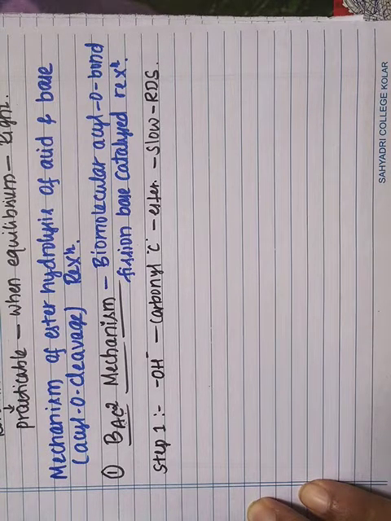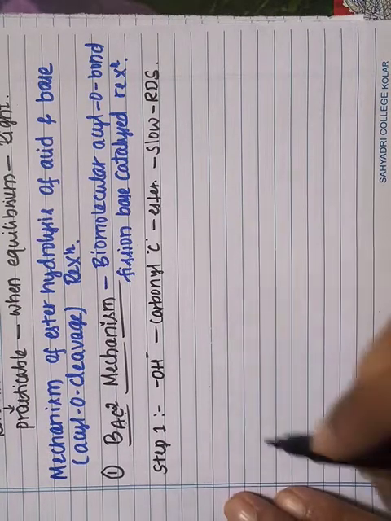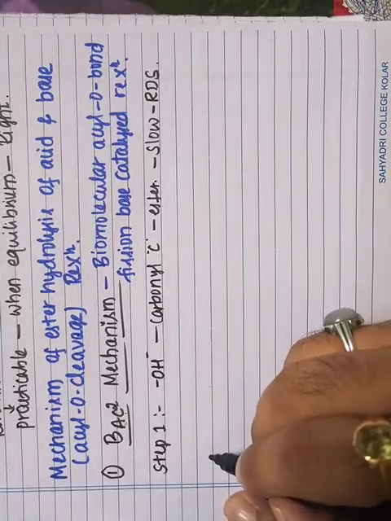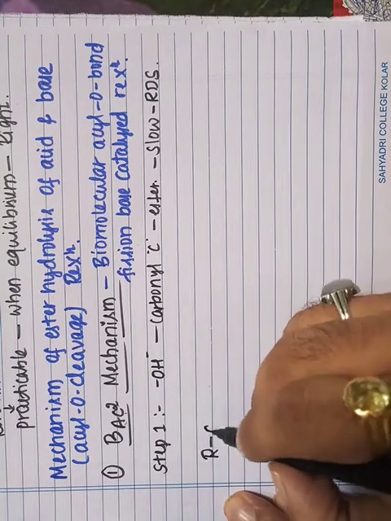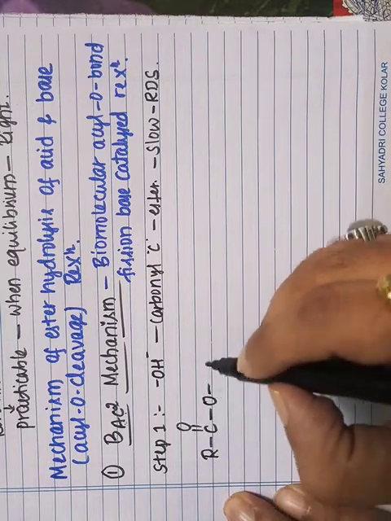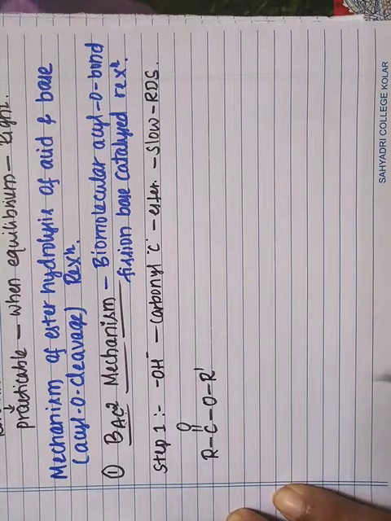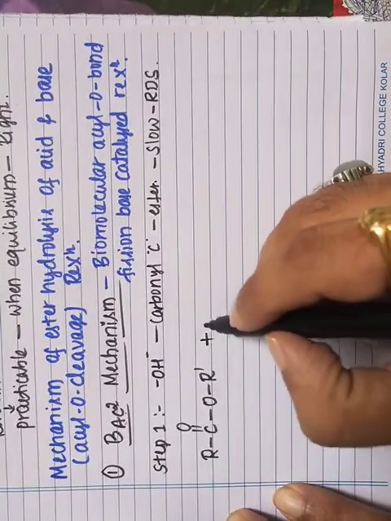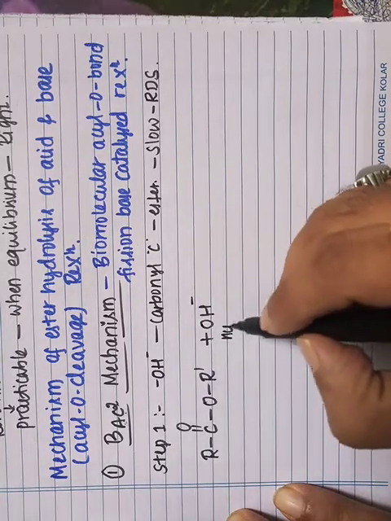Here let us see how the OH minus will attack the carbonyl carbon. So this is the ester, and the OH minus is the nucleophile.